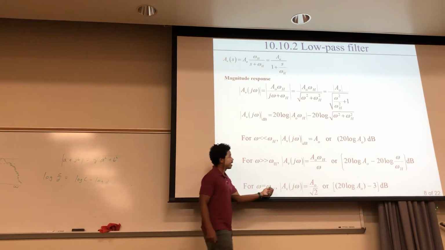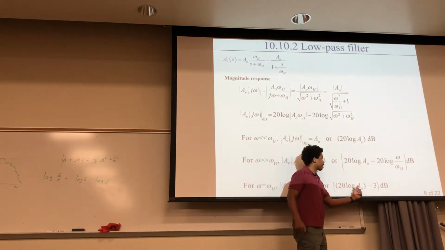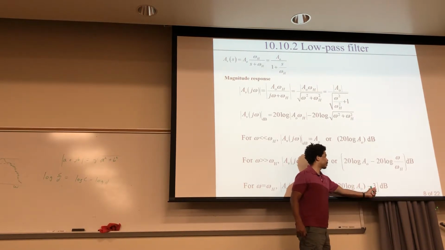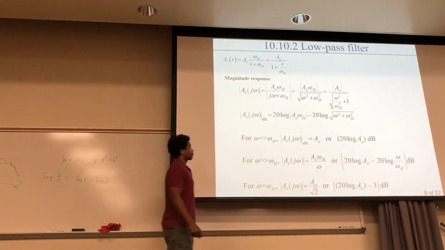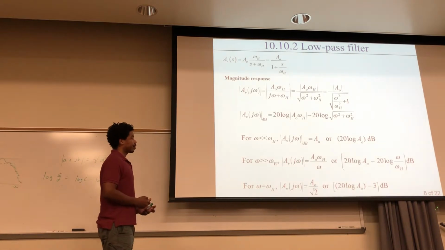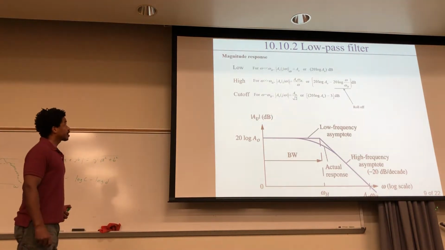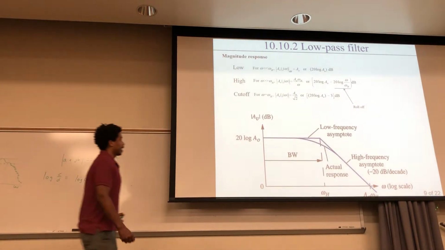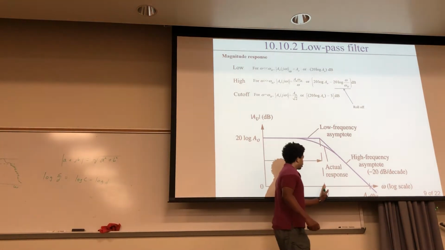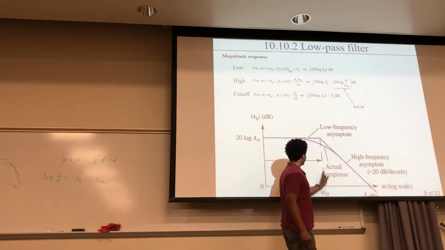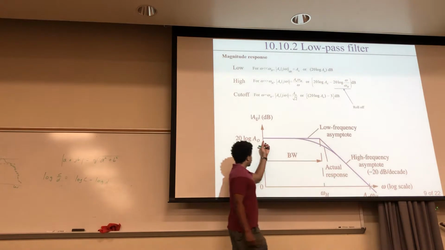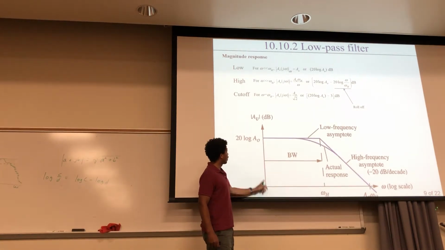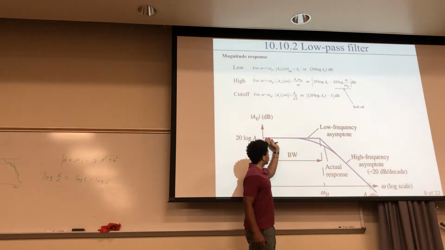Here's the reason why: it's your maximum value that you're going to get from your gain minus 3 decibels. Okay? That's what determines cutoff. So it looks like this. Here's your omega h, right here. That's the cutoff. Remember, it goes all the way to 0 frequency, right here, and just goes like this.